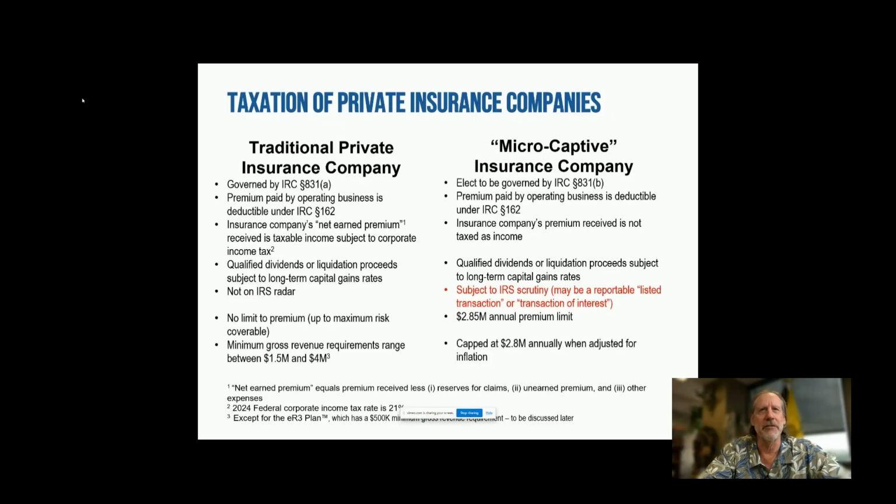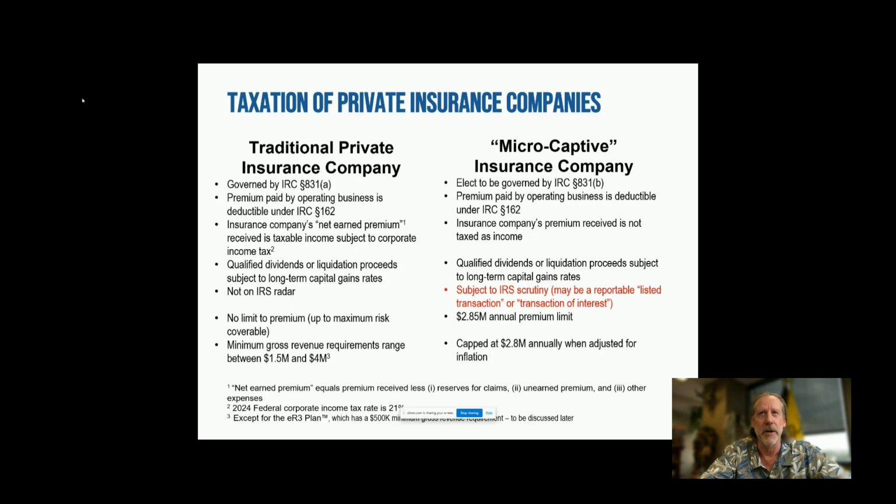Great. Well, thanks, Craig. So let me dip into a little bit of the tax side of it. There's two ways that a private insurance company can get taxed. There's the traditional private insurance option, which is governed by Internal Revenue Code Section 831(a). And then you have the new one, from the 1986 legislation under President Reagan, that's been phrased the micro captive for smaller businesses.